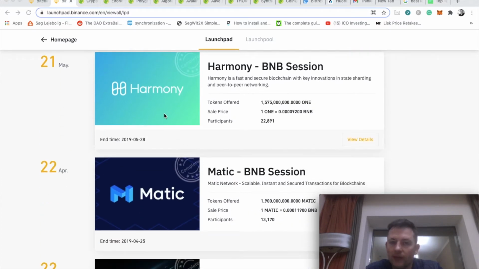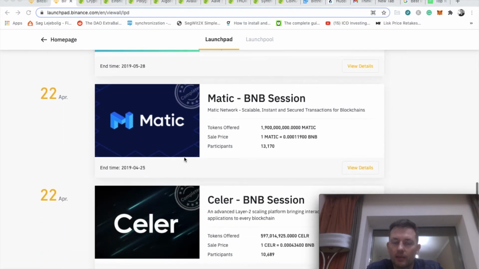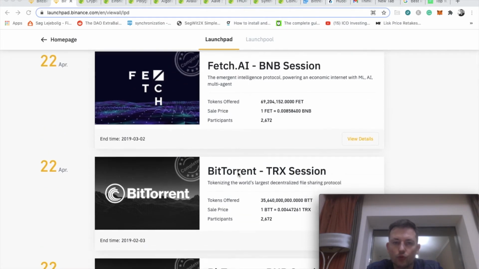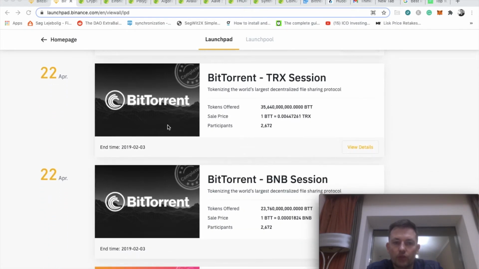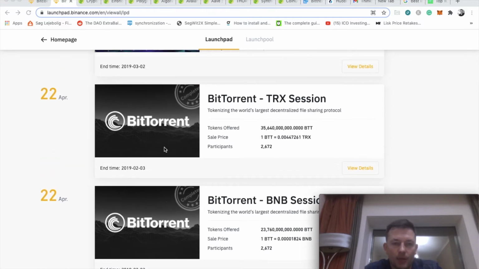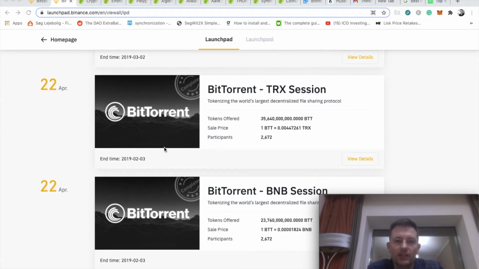Harmony, I think it's a top 100 project, but a solid project. Matic, of course, is not a top 50 at the moment, but will probably be, and is definitely a top 100 project. Fetch AI, top 200 project. BitTorrent is actually the project that is highest on CoinMarketCap of these Binance Launchpad projects, I think it's the top 30.